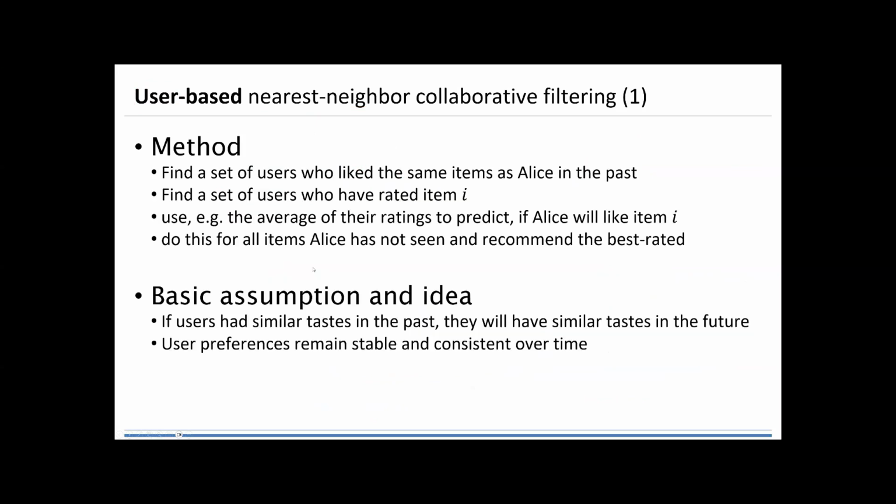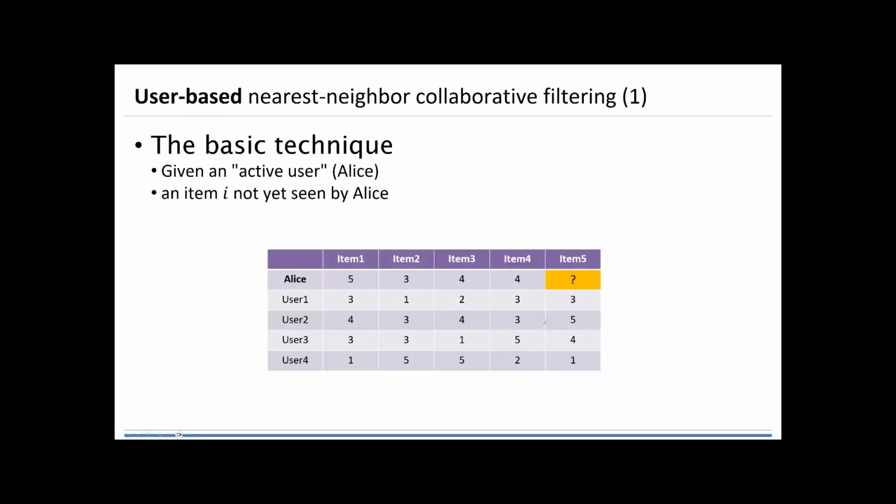The method is, first we find a set of users who liked the same items as Alice in the past. So we want to find the users with the same items, and then find a set of users who have rated item i. We are good on our data set because all of the ratings are available.